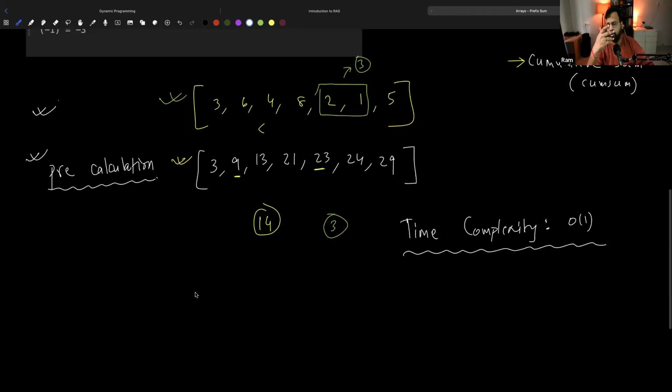But after that, no matter how many queries you get, you will always have an efficient way to return the query.